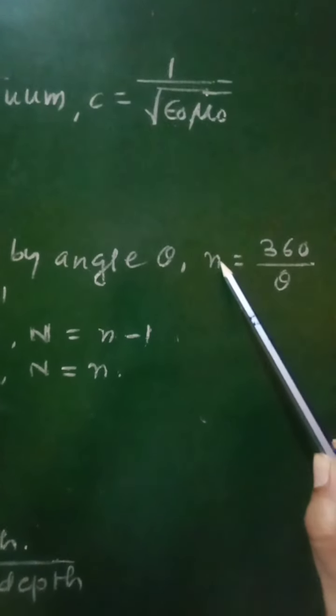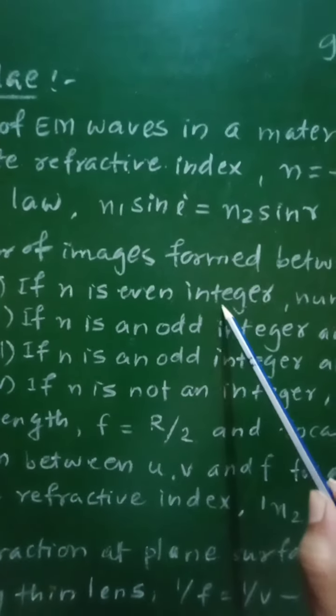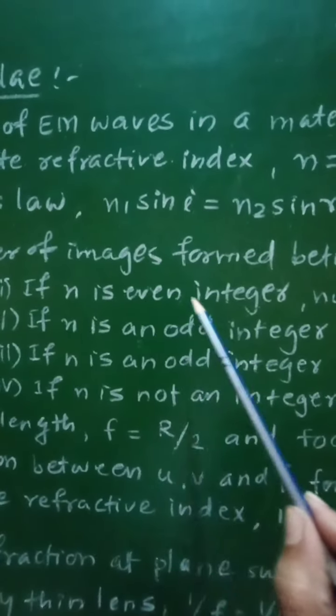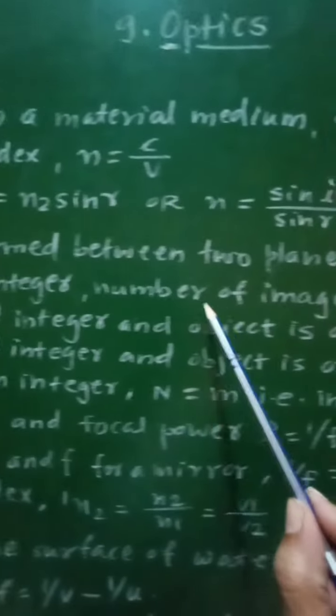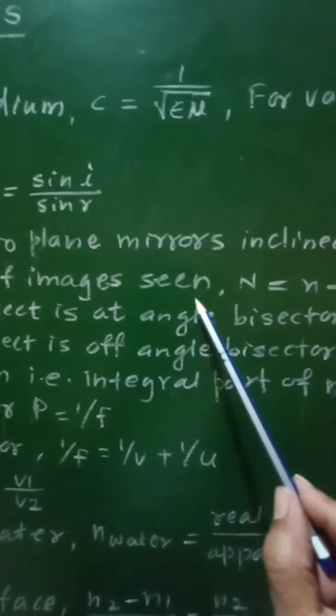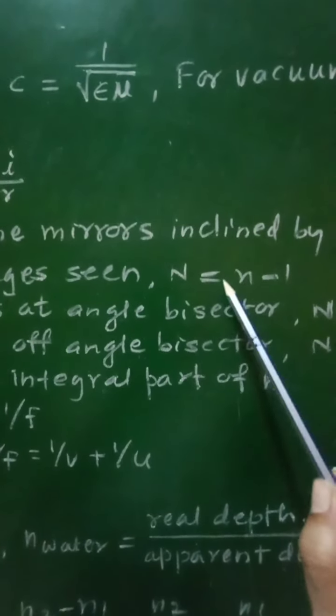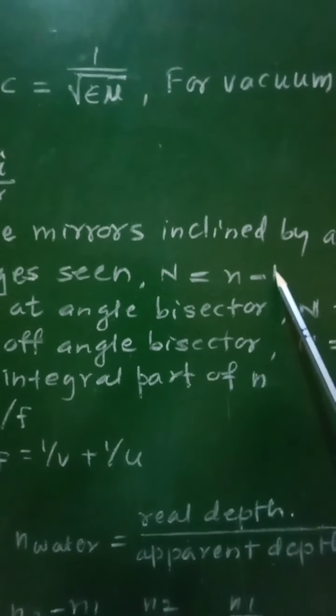In the first case, if n is an even integer, then the number of images seen or observed will be n minus 1.